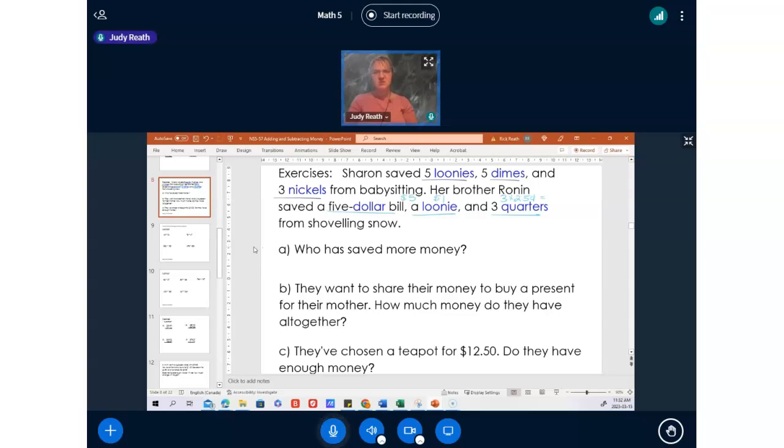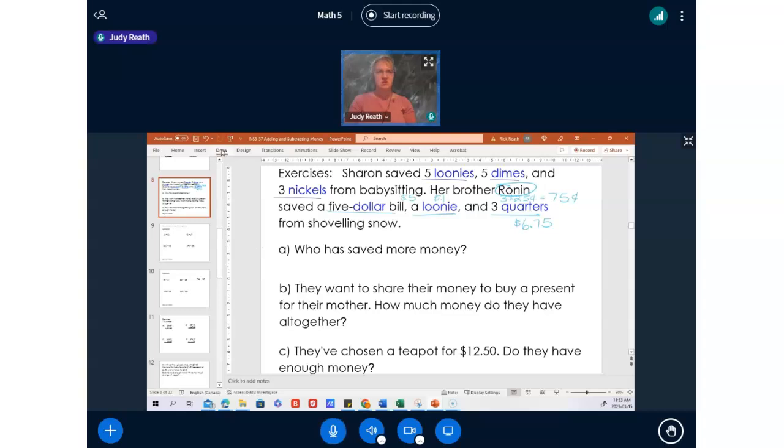If we multiply 25 times 3, count by 25s. 25, 50, 75 cents. So adding that all together, her brother had a total of $6, 5 plus 1 is 6, and 75 cents. So there's how much Ronan had.